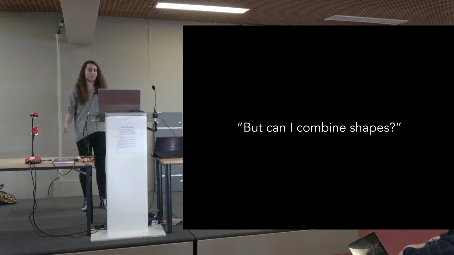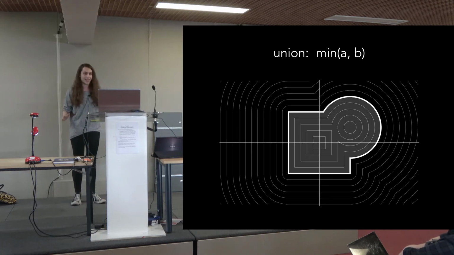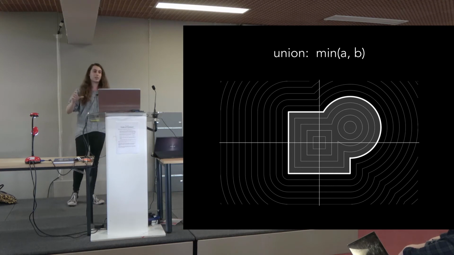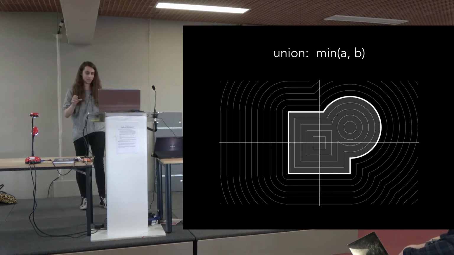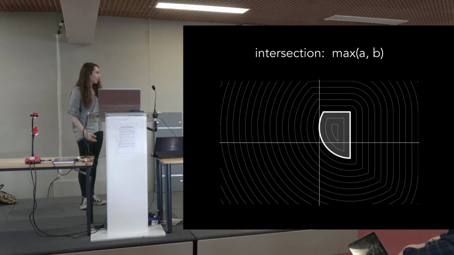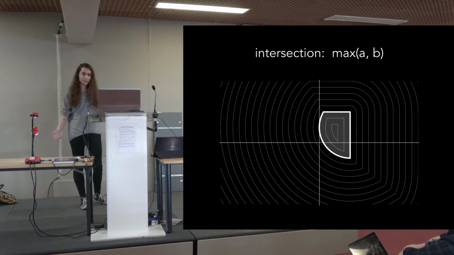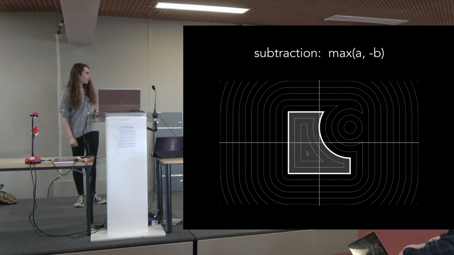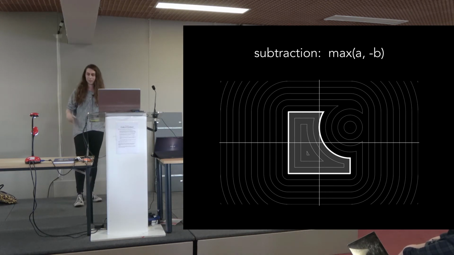And now you're thinking, but can I combine these shapes? Yes. So if you have two different distance functions, and you take the minimum value of those two functions for a given point, then it allows you to join these shapes in a union operation. If you take the maximum, then you get the intersection. You could subtract shapes from other shapes, which is essentially the intersection of one shape with the reverse of the other one.